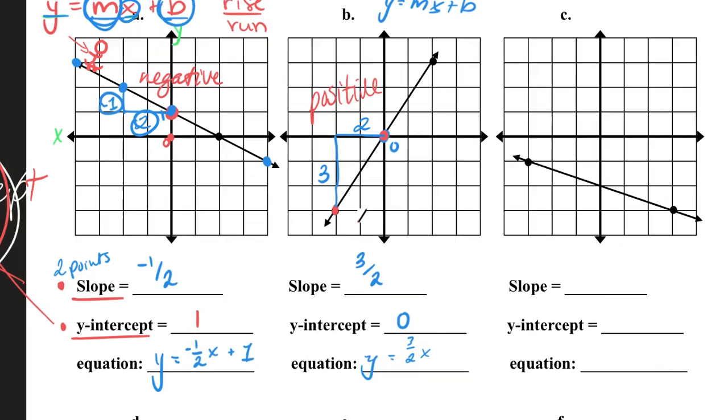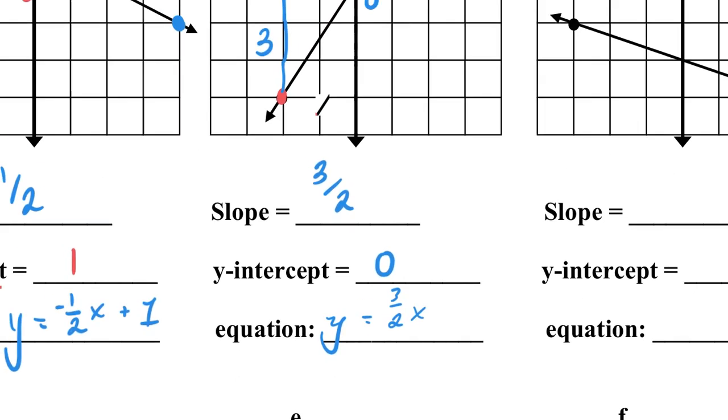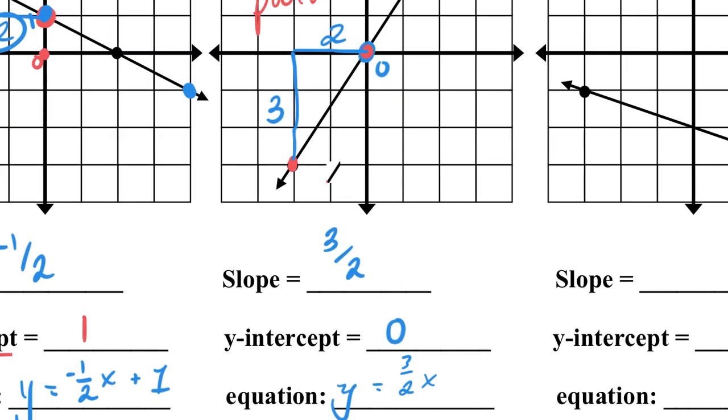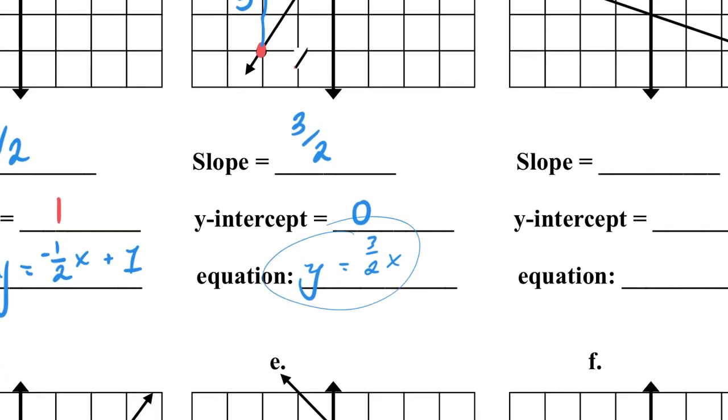So if you ever see a linear equation that does not have a plus or a minus anything, that means the y-intercept is at the origin. That means it goes through the origin. So this is all we need for our equation: y equals 3 over 2x. This means that our line goes through the origin, and it has a slope of 3 over 2.